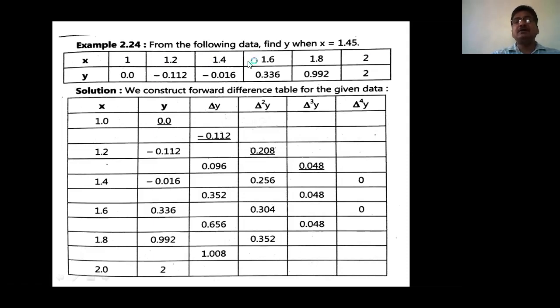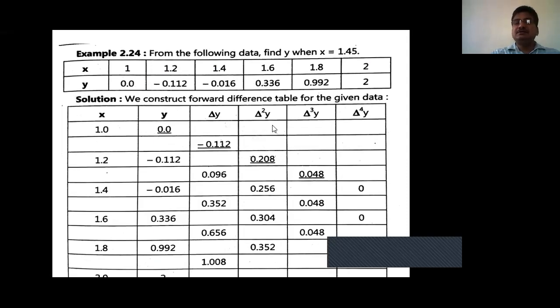If the values are not equidistant and we have to interpolate, then use Lagrange's interpolation formula. That is the third formula. When we use Lagrange's interpolation formula, the values of x may or may not be equidistant.